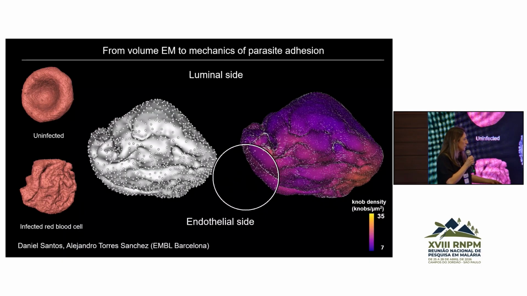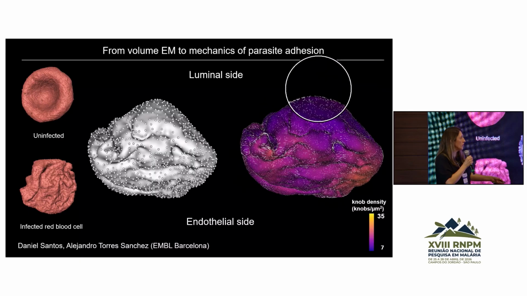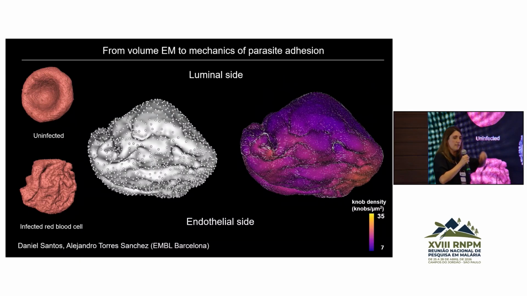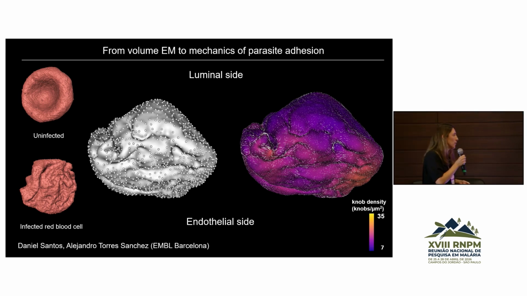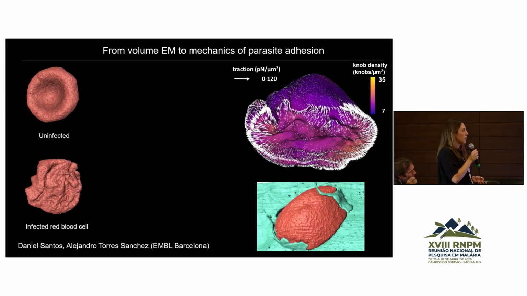Here you can see in this orange. And then on the side of the infected red blood cell that is on the lumen, they are very lowly present, and they concentrate mostly in this interaction site. And then because they are mathematicians and they can do super cool stuff, what they are now trying to do is to see the forces that the infected red blood cell is making on the endothelial cell.